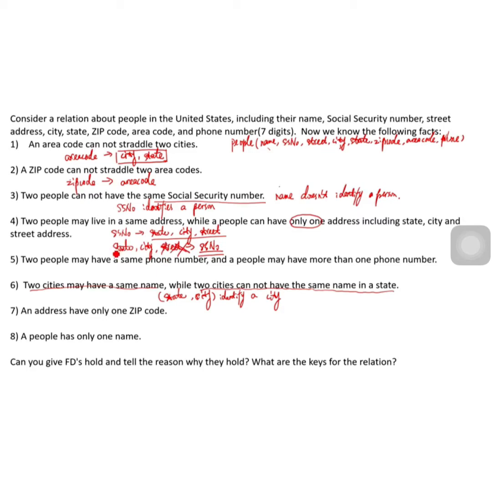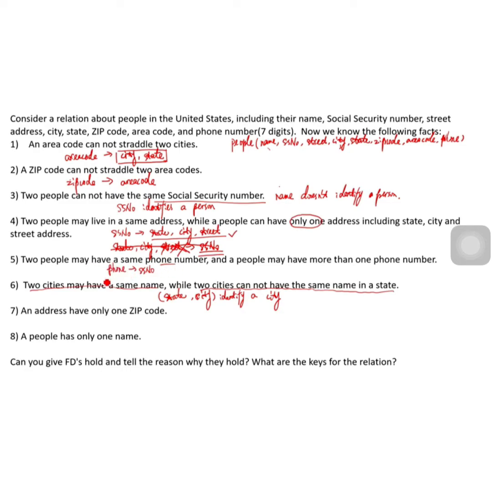Now we can get this one. Two people may have the same phone number, and a person may have more than one phone number. Phone functionally determines SS number. Does it hold? Two people may have the same phone number.